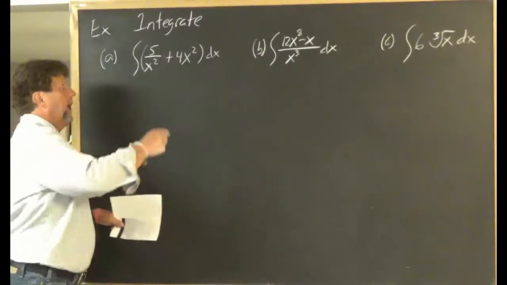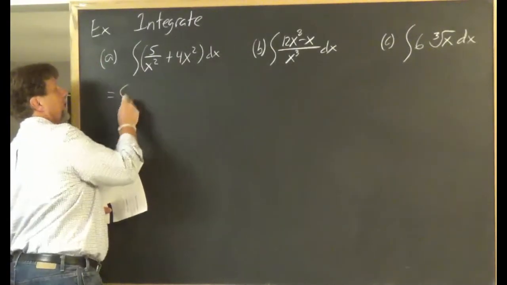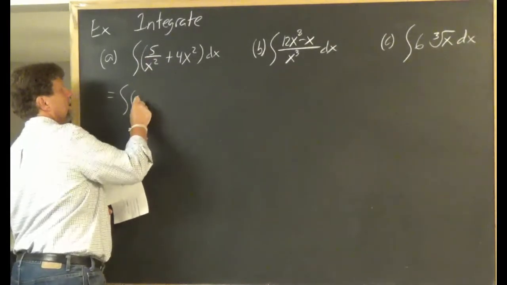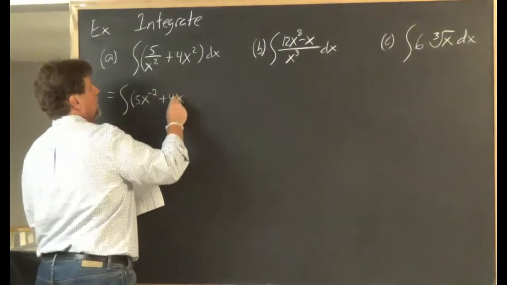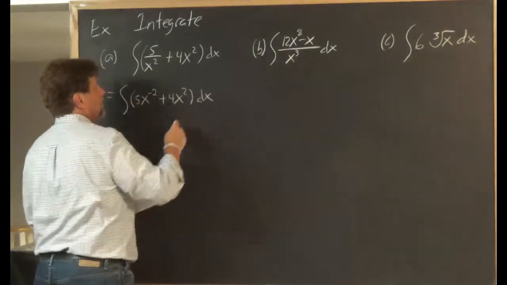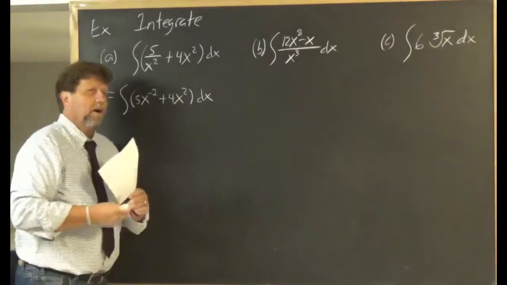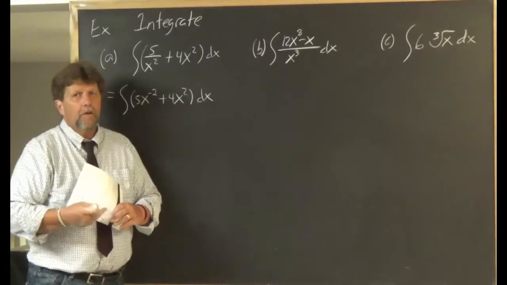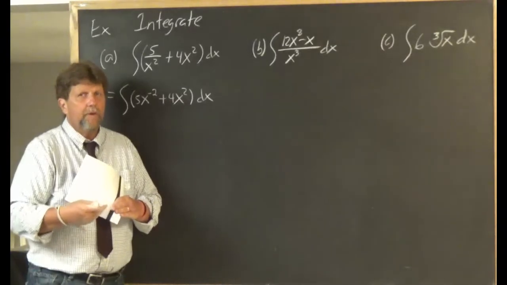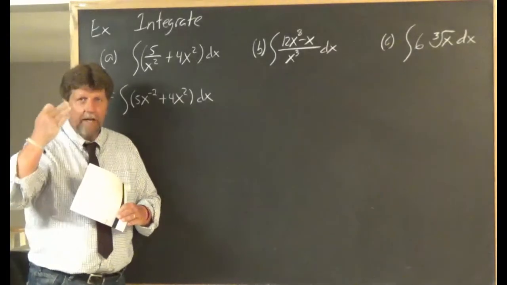In part A, I would start off by rewriting 5 over x squared as 5x to the negative second. And you know what, in part A, let me put in every possible step. Going forward, we probably won't be doing all of these steps; we'll be doing a lot of it mentally.